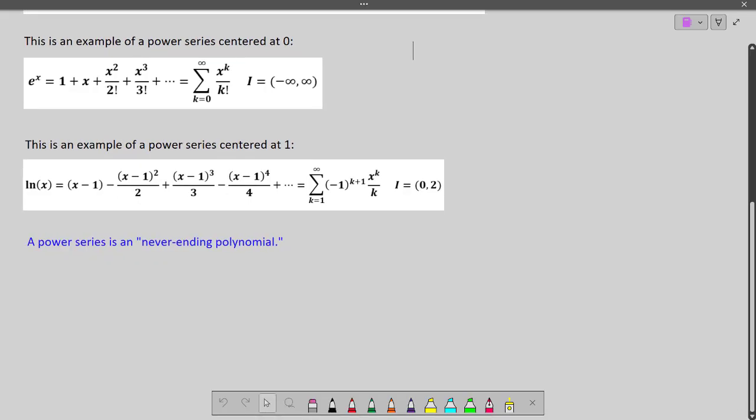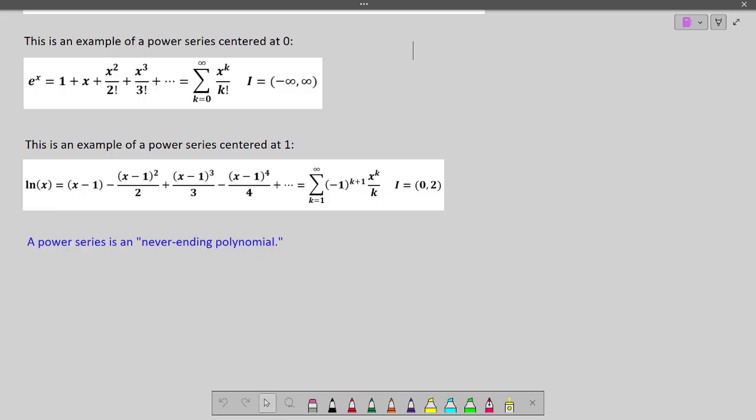The most common, the most important of all, is e to the x. And there's its expanded power series form, and there's its closed form, its summation notation. So that is e to the x. And its domain, in the context of power series, instead of domain, we use the word interval of convergence.